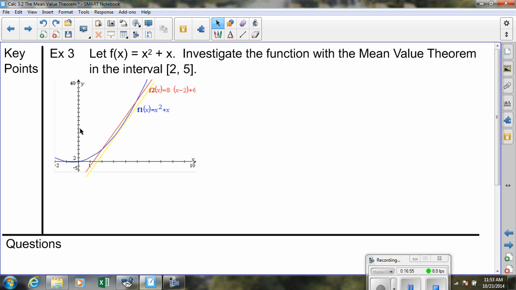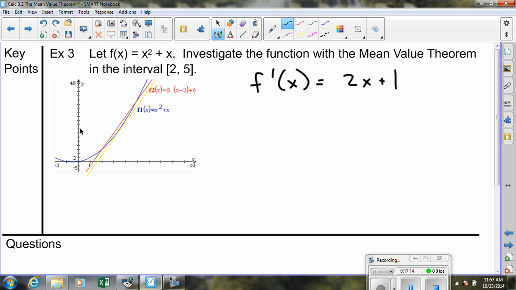Well, the big question then is, where is it? Where is this point? We could take the derivative: f prime of x is 2x plus 1. By the mean value theorem, we know that there's somewhere where the derivative is going to match the average rate of change.